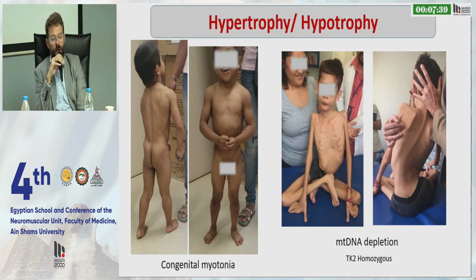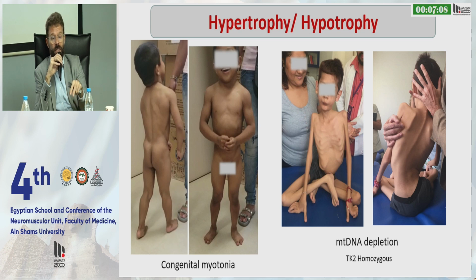The mechanisms are really not completely known, but we used to say that it's pseudo hypertrophy in Duchenne and in Becker muscular dystrophy, because when we do a muscle biopsy, we see that some fibers are hypercontracted and bigger than the others, but there is fatty substitution and fibrosis, and these start very early.